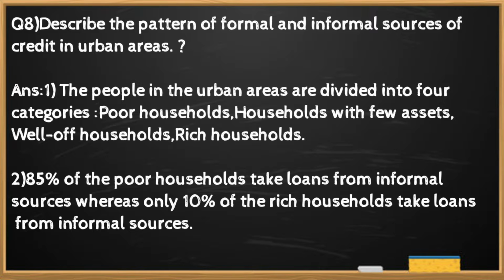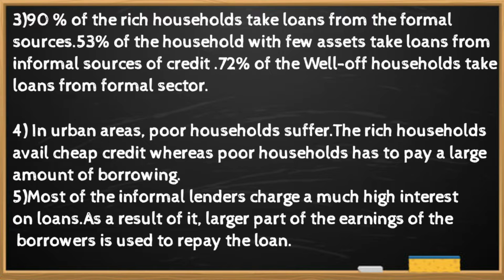And the answer is, the people in urban areas are divided into four categories: poor households, households with few assets, well off households, rich households. 85% of the poor households take loans from informal sources, whereas only 10% of rich households take loans from informal sources. 90% of the rich households take loans from the formal sources. 53% of the households with few assets take loans from informal sources of credit. 72% of the well-off households take loans from the formal sector.